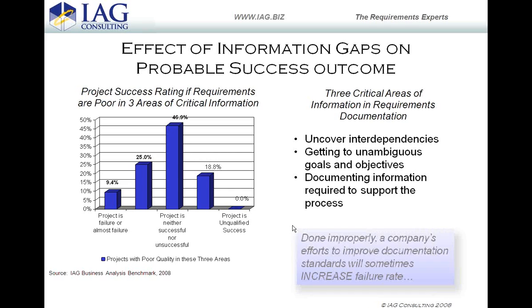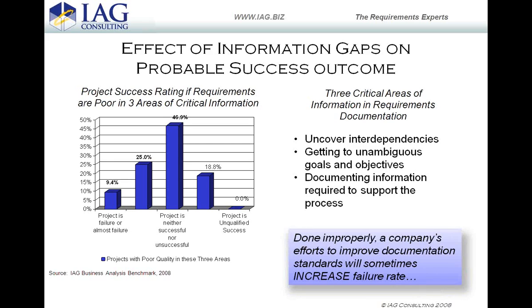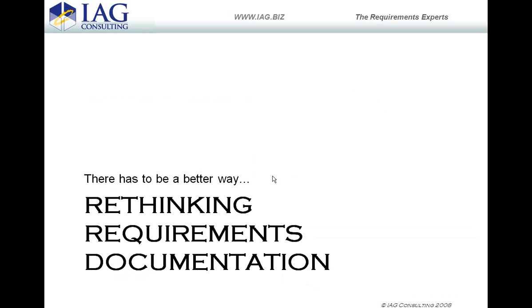So whether you're using Agile on the back end to do your development, or whether you're using more waterfall or iterative or whatever your structure happens to be, you do need to elaborate what is it that the business wants to accomplish. And you need certain information collected or elicited from the business, all right? Or else the organization is going to be very poor in terms of its likelihood of success. And there has to be a better way to do this. So let me kind of share with you some ideas and some data.